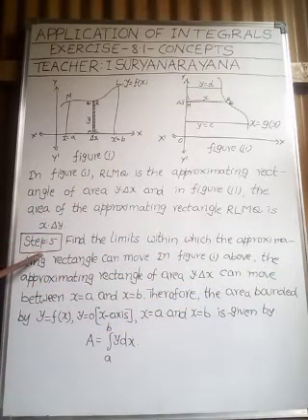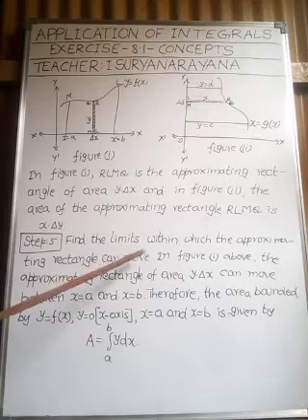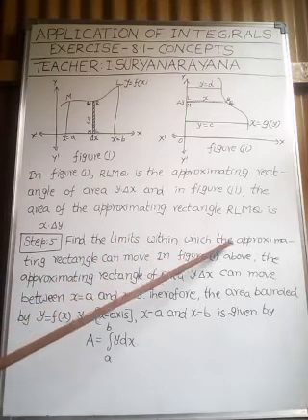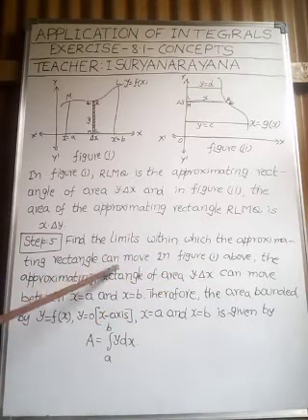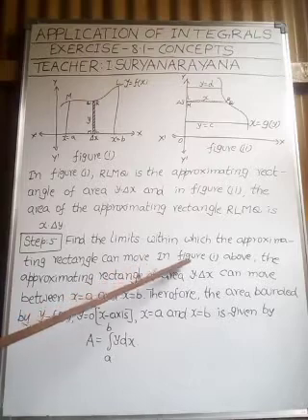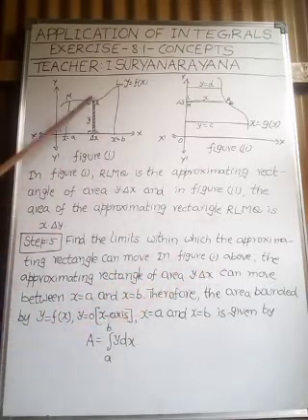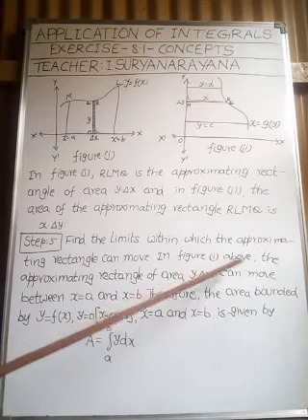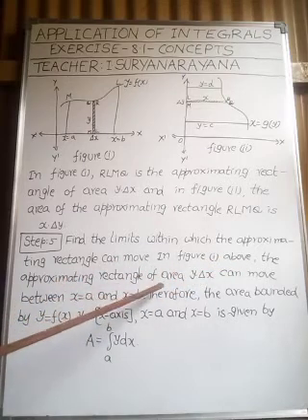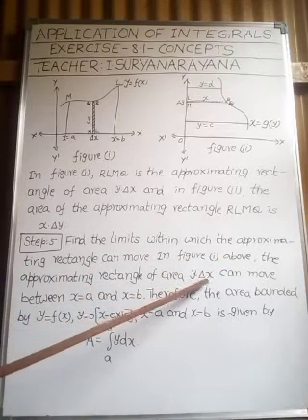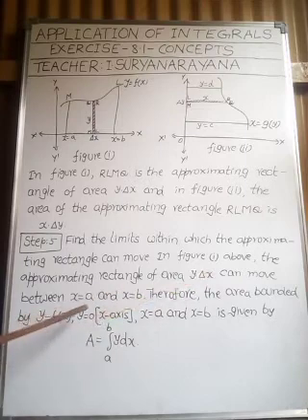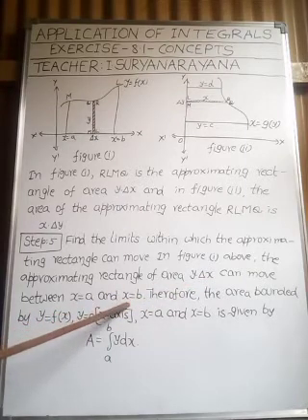Now come to step 5. Find the limits within which the approximating rectangle can move. In figure 1 above, the approximating rectangle of area y into delta x can move between the lines x is equal to a and x is equal to b.